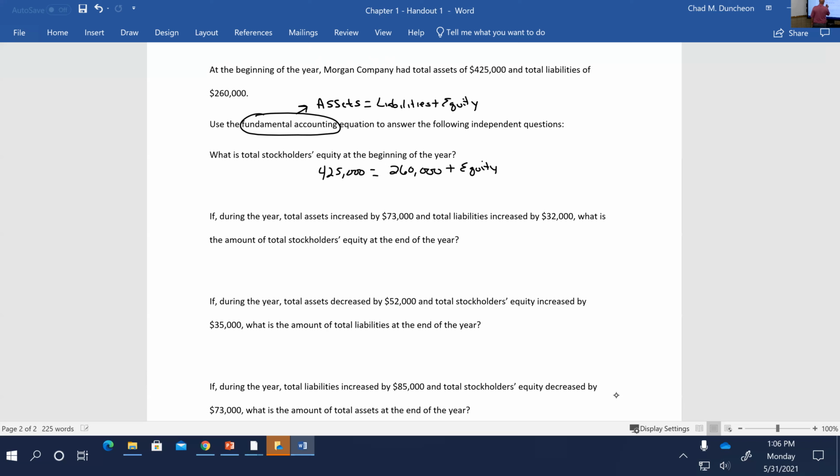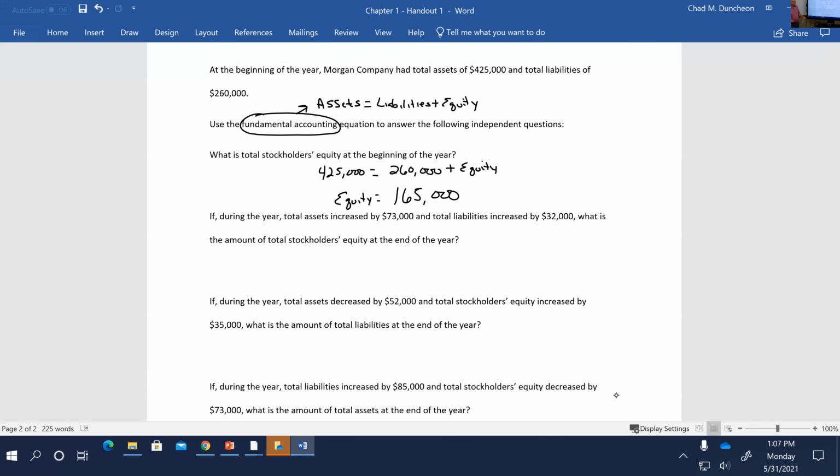We're trying to determine our equity. Here, we can just subtract 260 from each side. That is your algebra method of doing that. And we find out that the equity equals 165,000.